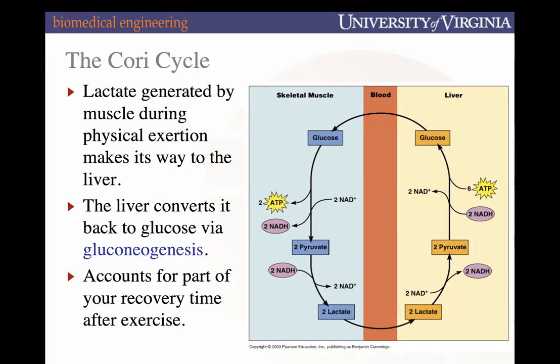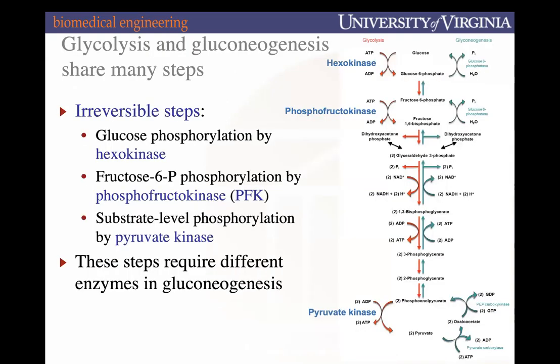All right. So we're going to talk about the last key regulatory features of glycolysis to bring us all home. I briefly referenced this on the fermentation slide, but glycolysis and gluconeogenesis involve a lot of the same steps. What determines which direction these reactions go is largely the concentrations of these metabolites.